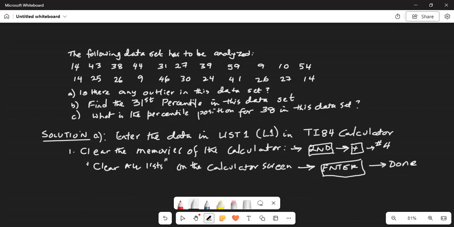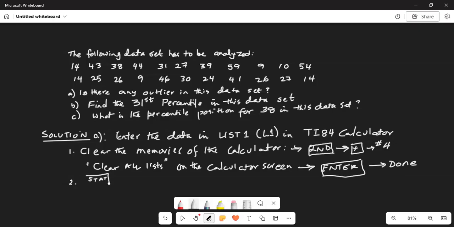So let's do it. Second button, then the plus button on the bottom right corner on top of the enter, then number 4. Clear all list on the calculator screen, then hit enter, done. Okay, number 2, press the stat button, which is in the second row.